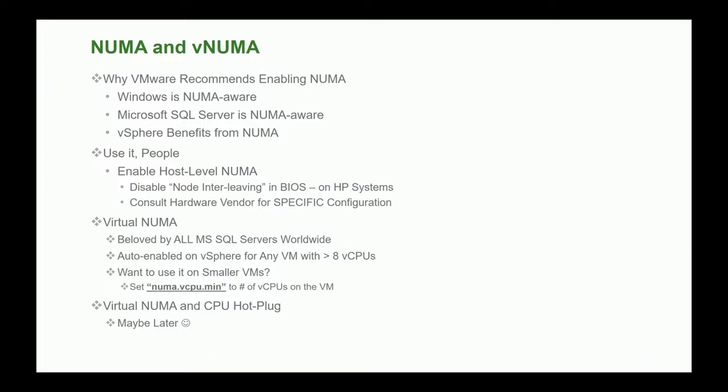And there's a common mistake: a feature in vSphere called CPU hot plug. Have you heard about that? You can add CPUs on the fly to a virtual machine. If you check that box, you disable the ability to do virtual NUMA on that virtual machine.